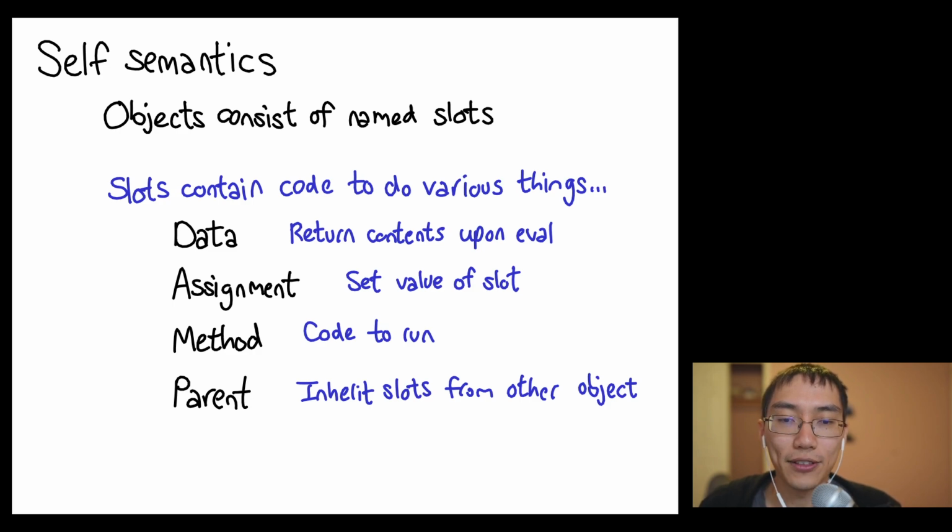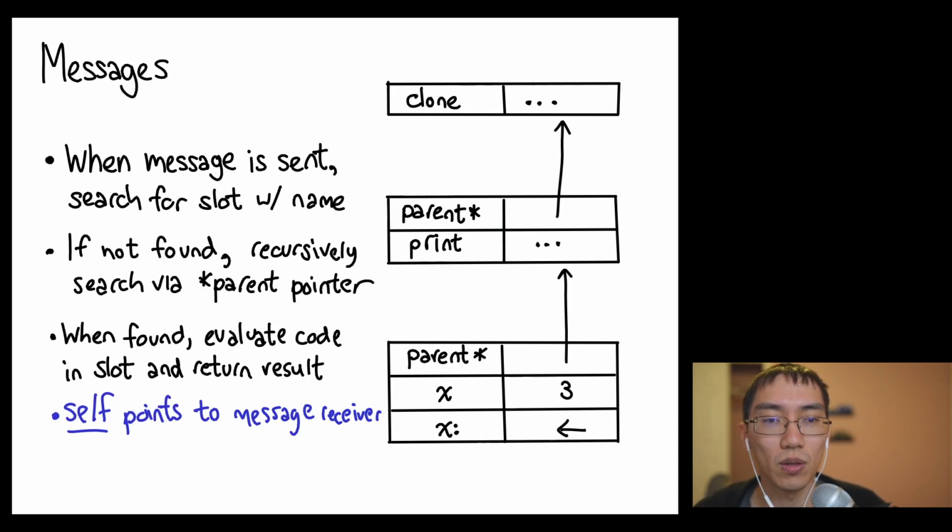And we might also have a parent, right, where we want to defer operations on some slots to some other object because we don't actually want to be copy pasting everything. Inheritance is still useful and we still want to support some form of it. So here's how it's going to work.